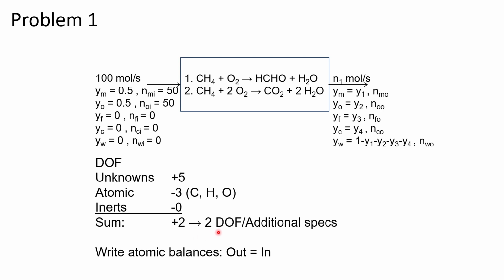This means that we have 2 degrees of freedom, and that we need 2 additional specifications, or specs, in order to solve this problem. And once we have these, we're going to write for our atomic balances that what comes in for each of the atomic species is equal to what comes out.